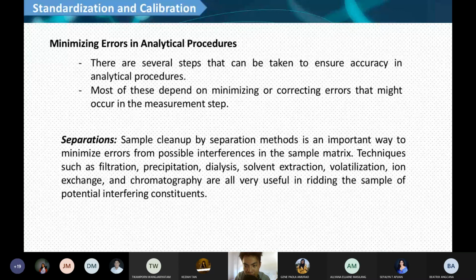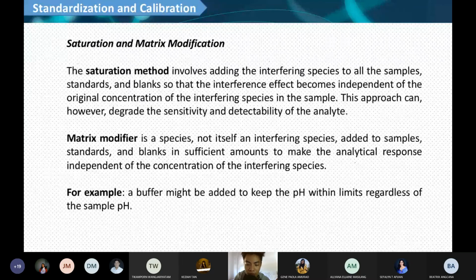To minimize the errors, you may do separation. Separation involves the use of different techniques in which you separate out other unnecessary substances from your analyte. So that's separation.